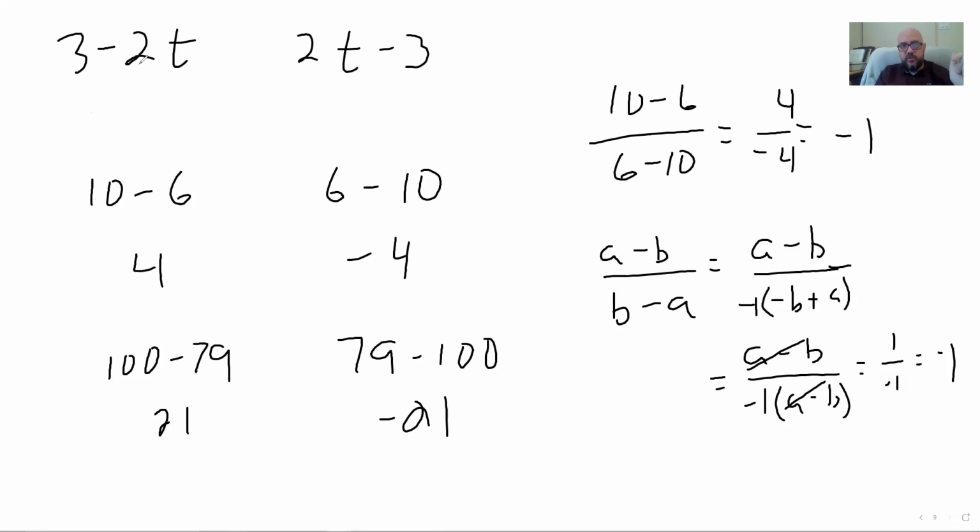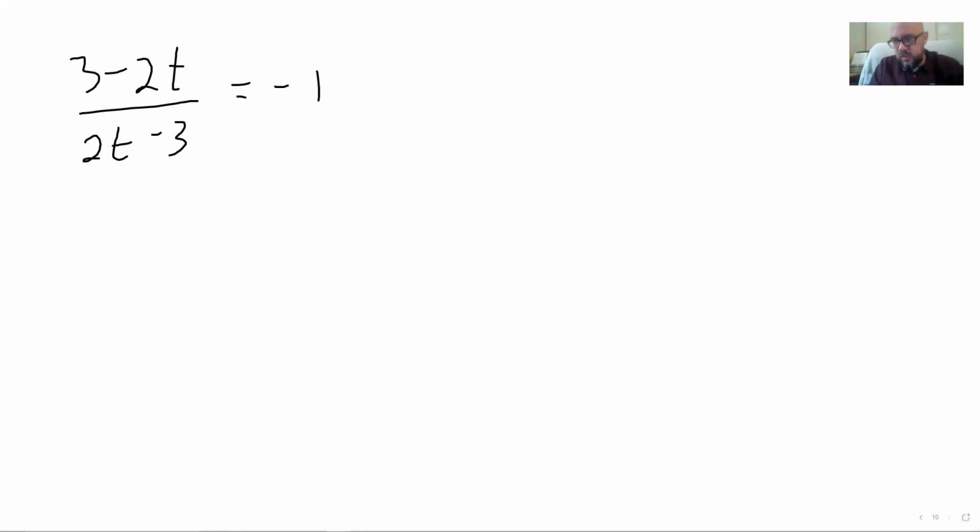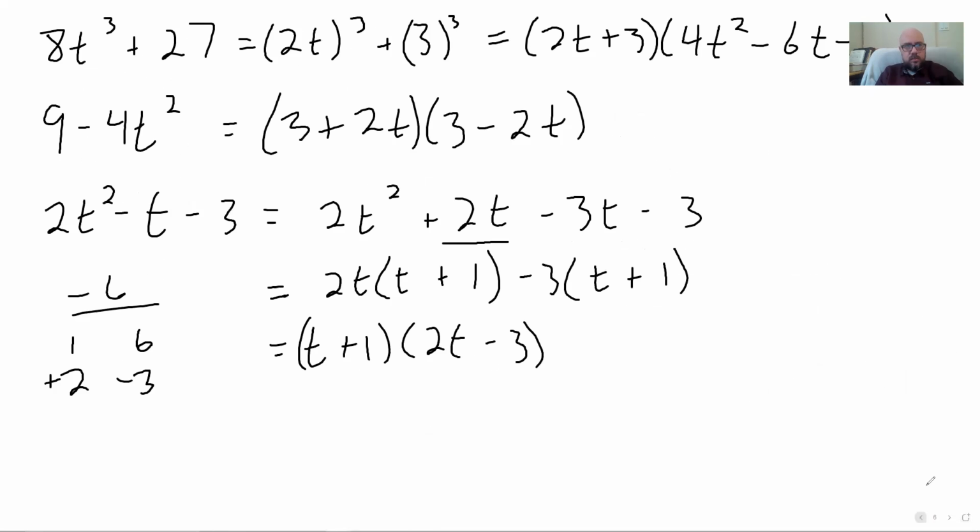So this 3 minus 2t and the 2t minus 3, if I were to put them in a fraction themselves, 3 minus 2t over 2t minus 3, that's like the a minus b over b minus a. This is negative 1. So when I go back to my original problem, it was here.